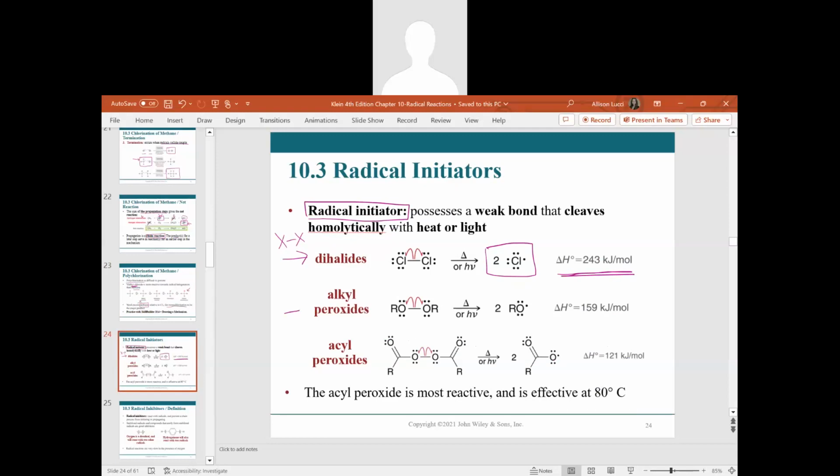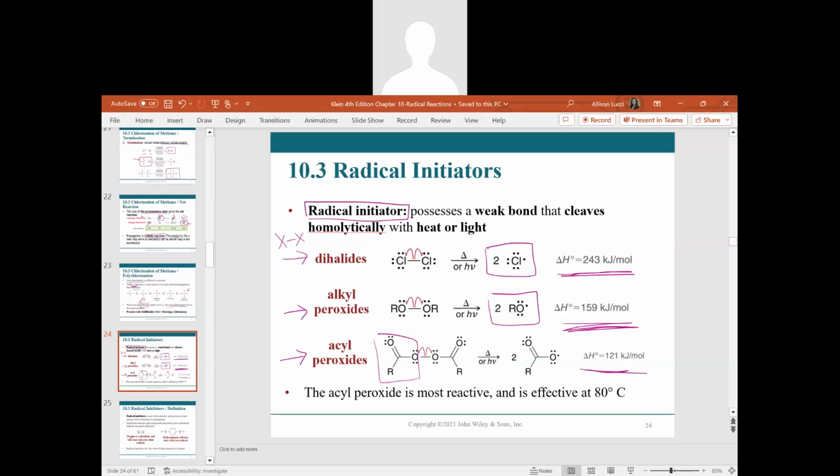With an alkyl peroxide we see here, we could create two of these RO radicals, and notice that the energy is significantly less than a dihalide. And if we have this last species here, these acyl peroxides, we would create two radicals of these two acyl groups. That has the lowest bond dissociation energy associated with it.